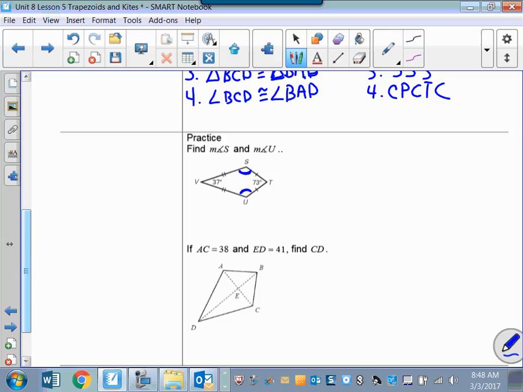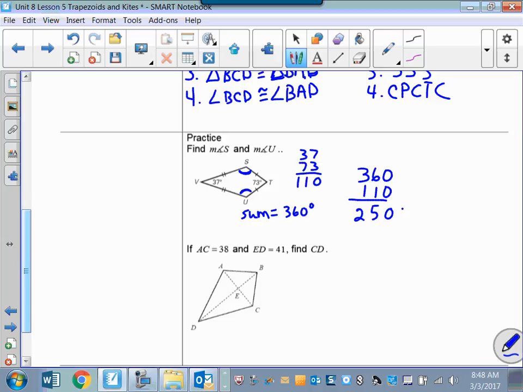We know, let's do 37 and 73, and that gives us 110, right? So we know that angle S and angle U have to be, I know that it's a quadrilateral, so I know the sum of all the angles is 360 degrees. So if I take 360 and subtract the 110 that are angles V and T, I get 250.